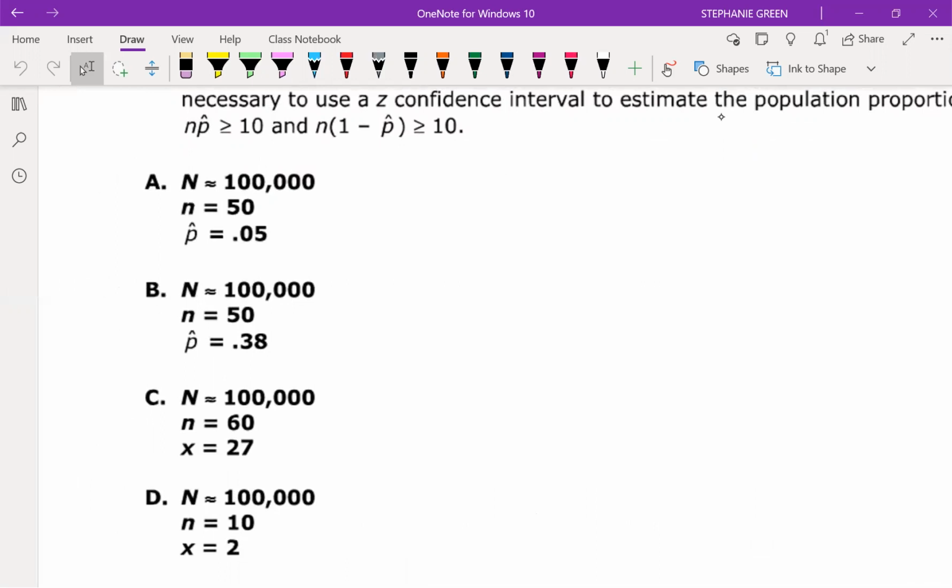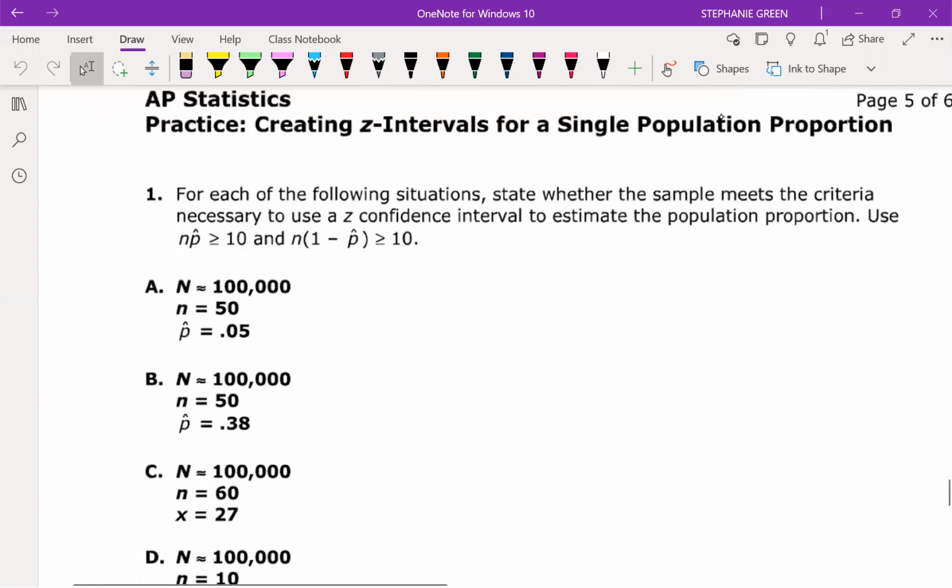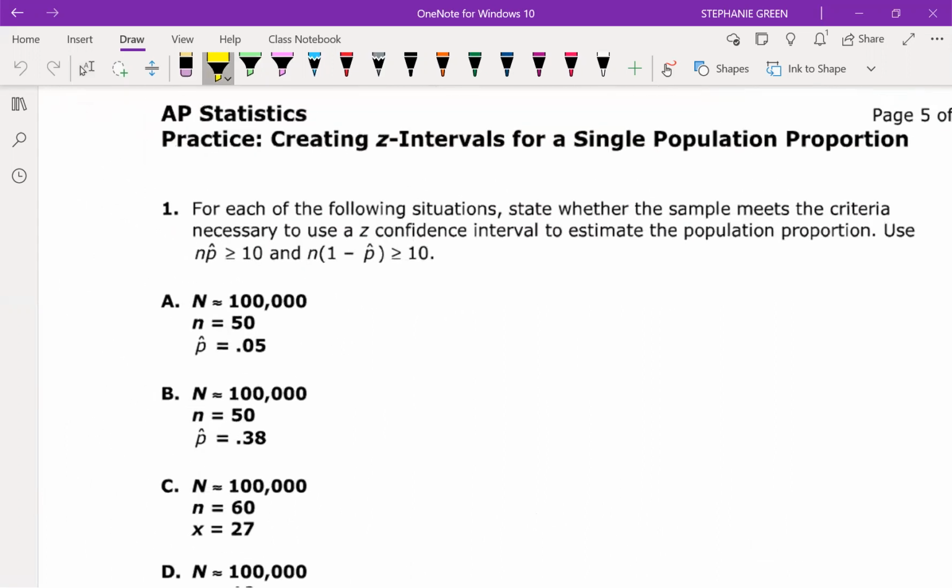Basically there's three things we need to check, and I think they have two of them listed here. In order to use normal approximation, n p hat has to be greater than or equal to 10, as does n times 1 minus p hat.